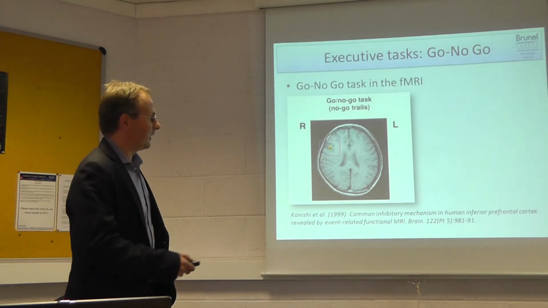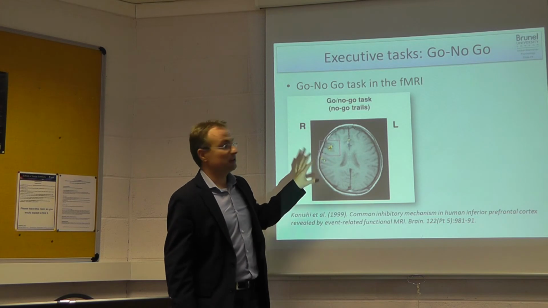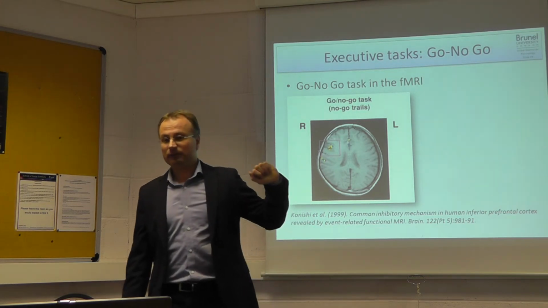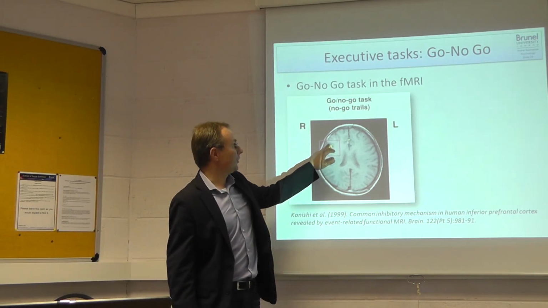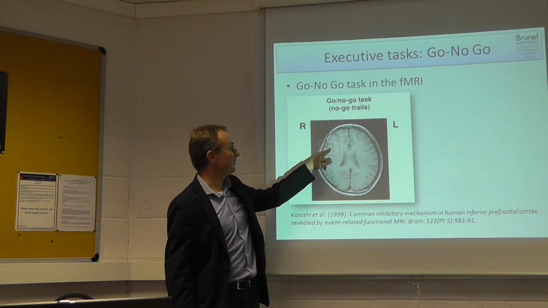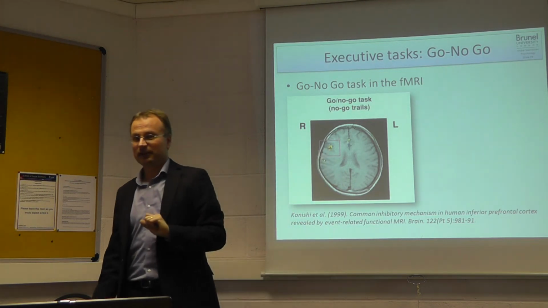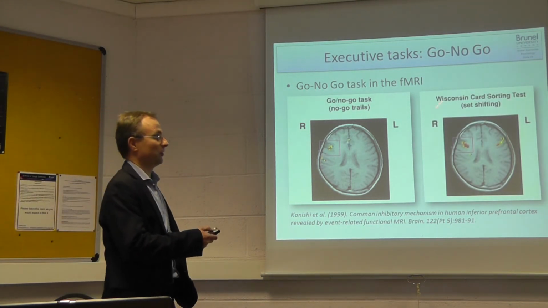Okay, in a further study, Konishi investigated in more detail the relationship of go-no-go trials, which again is right hemisphere, right inferior frontal gyrus, and the associated activation in the Wisconsin card sorting test.